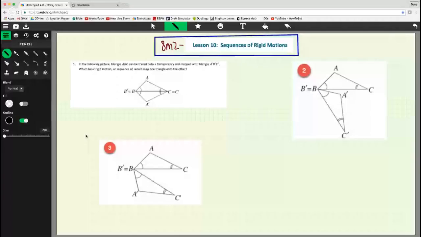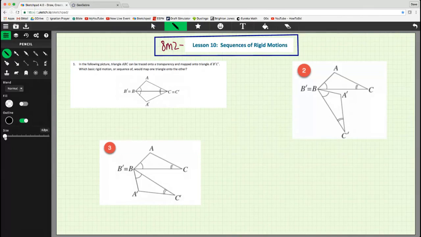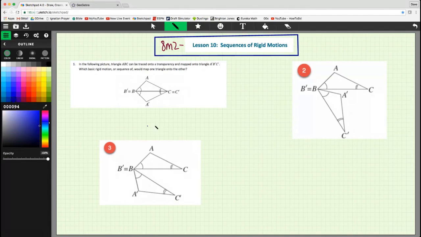Okay, so here we are, looking at three of the problems from the lesson today. I want to give you a tip. You have to determine whether you think these were changed via a series of rigid motions, and there are two things we need to think about.